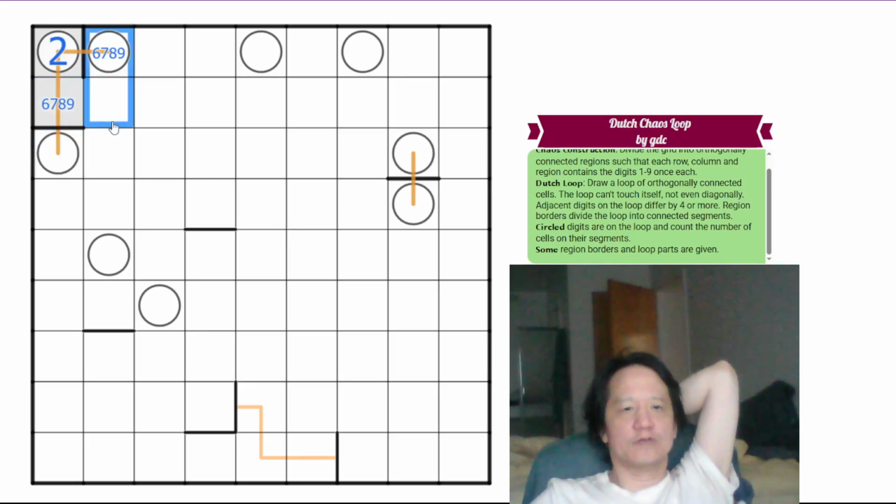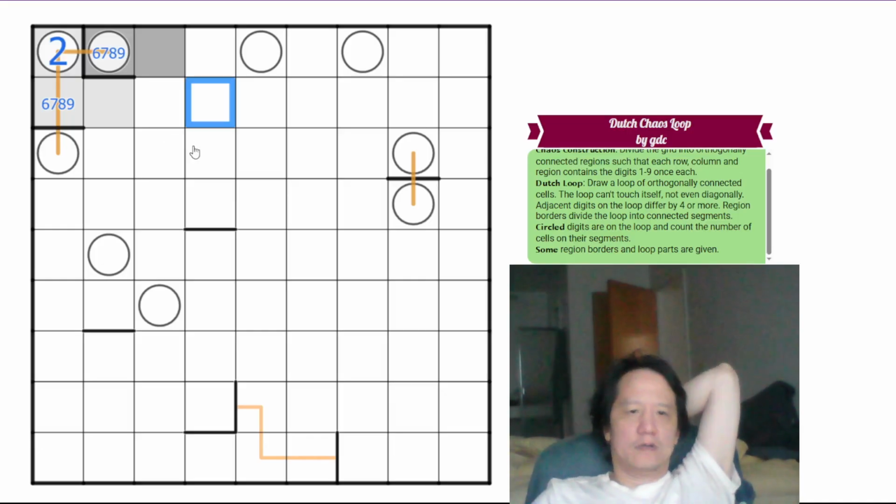This cannot go this way. This actually has to exit out, so it goes that way. This is a separate segment. We have medium gray here. This segment is at least 6.